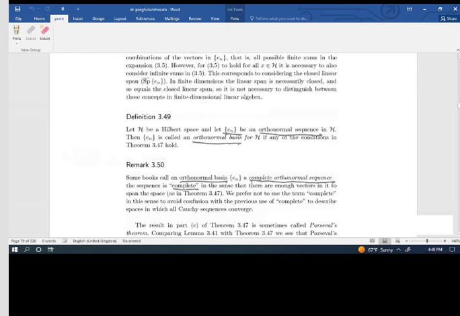Now we have this definition. Let H be a Hilbert space and En be an orthonormal sequence in H, then En is called an orthonormal basis for H if and only if the conditions in the theorem hold.